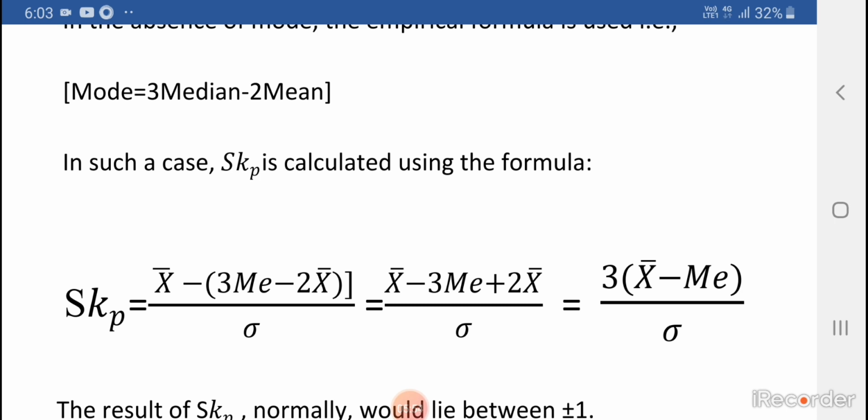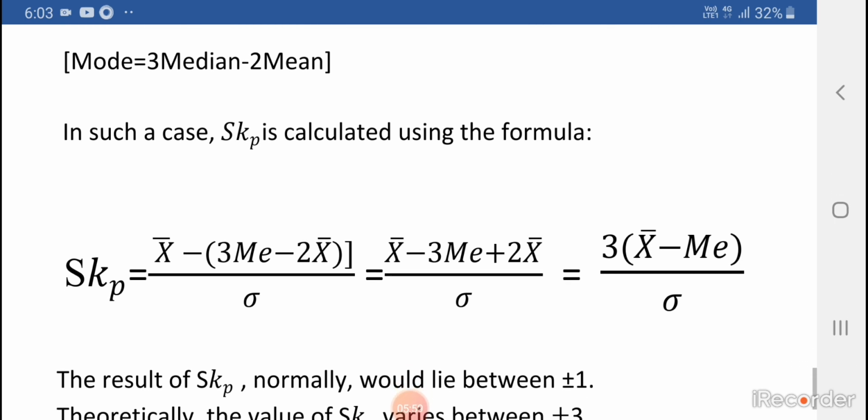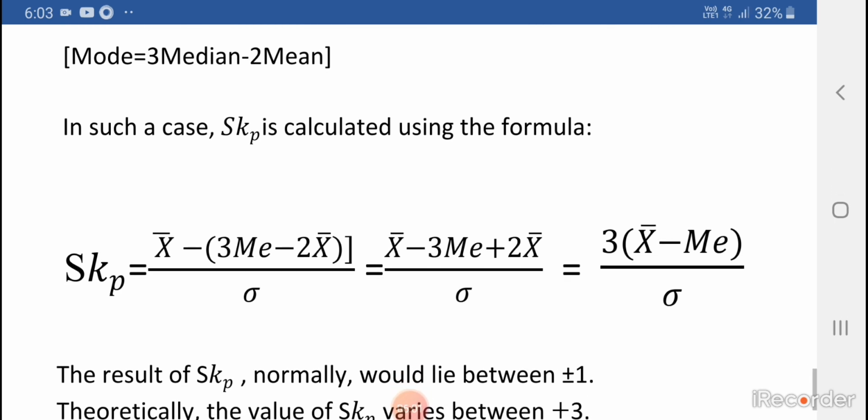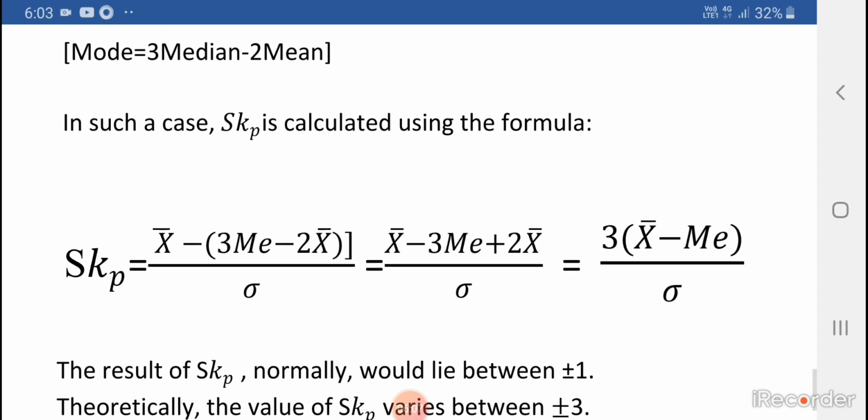coefficient of skewness, we calculate by means of the following formula, that is x bar minus z divided by standard deviation, the basic formula we learned, and everything is written in the same manner, but only one change is there.